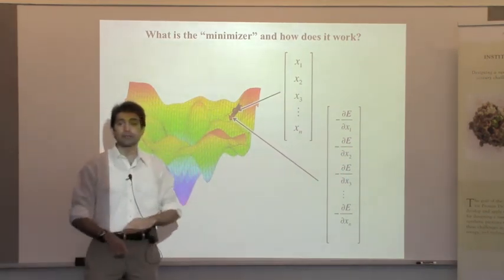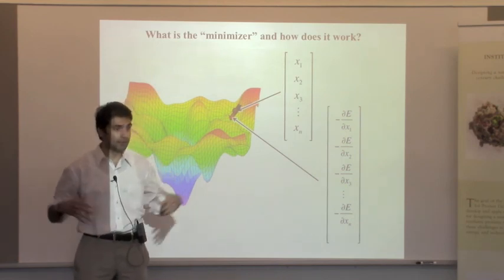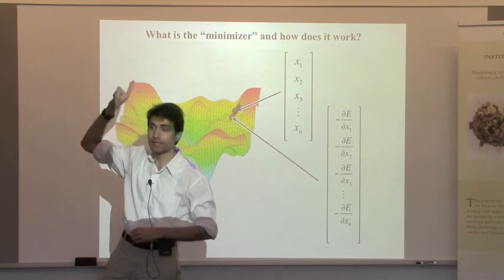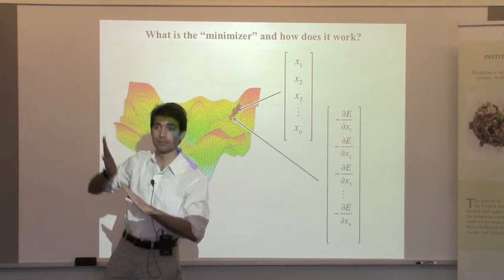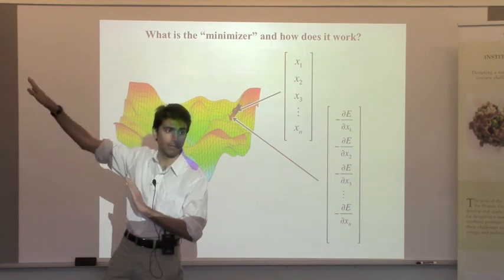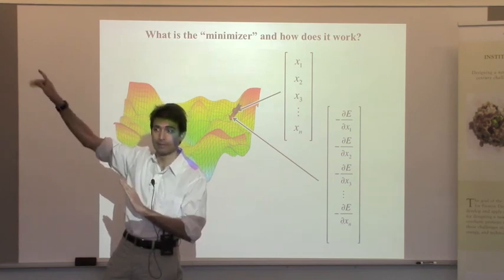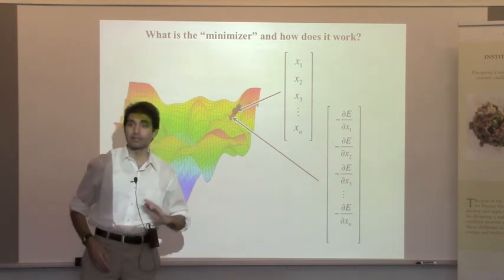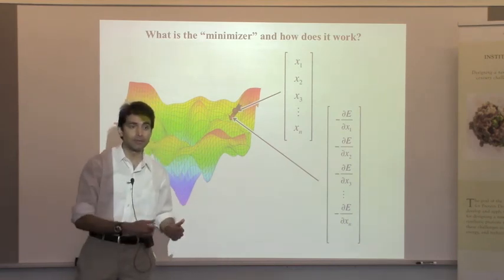The gradient of a function in a certain space points uphill. If I take a step in the direction of the gradient, I'm going to be increasing the value of that function by as much as I possibly can. So the negative of the gradient points downhill. If I take a step in that direction, I'm going to be decreasing the function by as much as I possibly can.